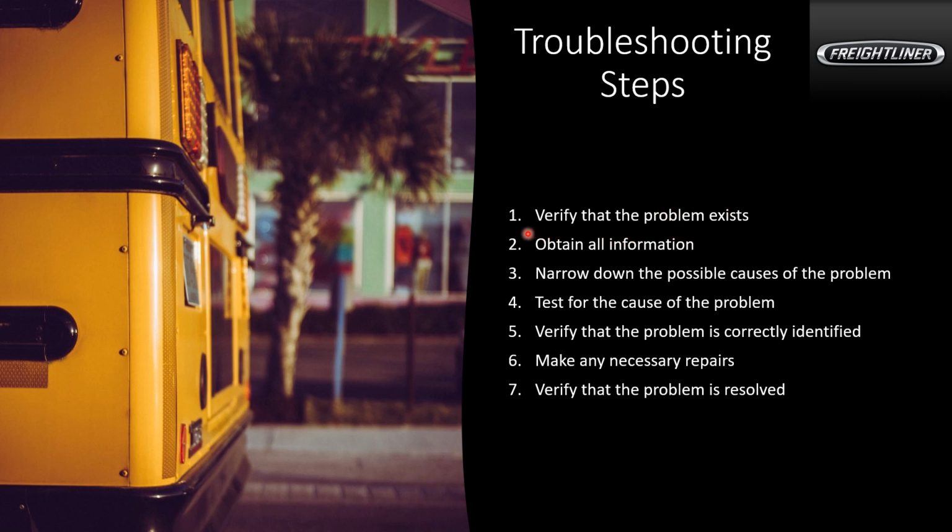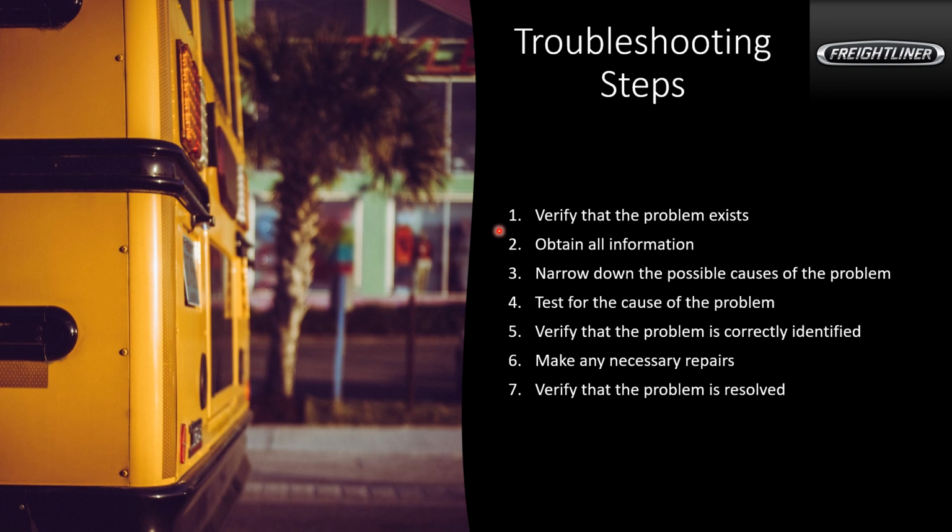Then what you're going to do is completely understand the system. So get all the information about the system and about what you are troubleshooting. So obtain all the information about the electrical, information about refrigerant, and information about the compressor, if that's what you're troubleshooting.